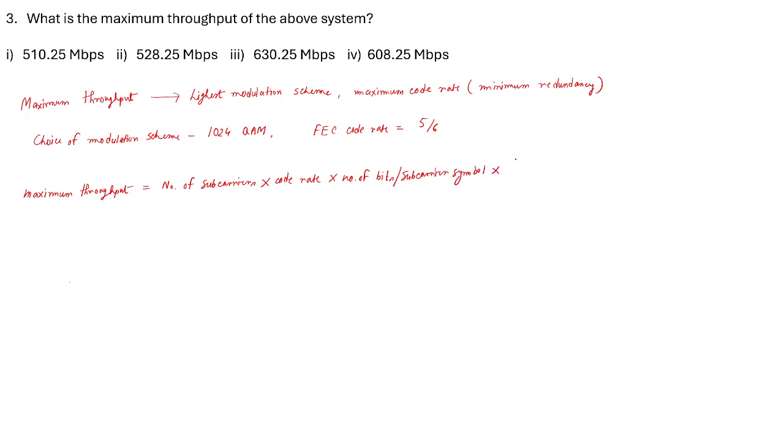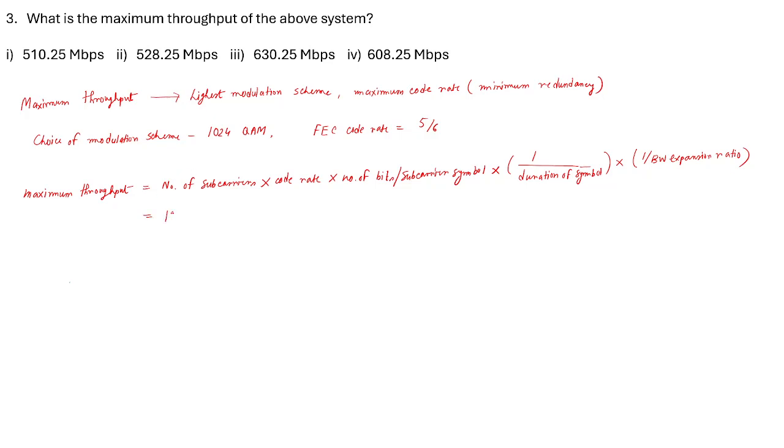Its throughput is in terms of bits per second, so you must divide that by the duration of the symbol, and you should take into account the bandwidth expansion ratio.